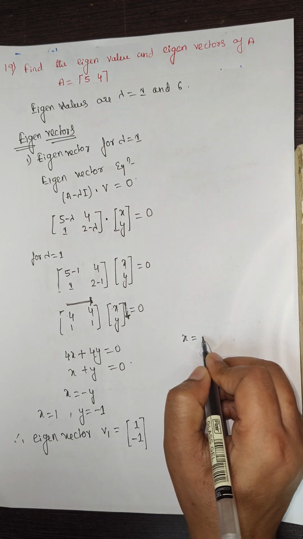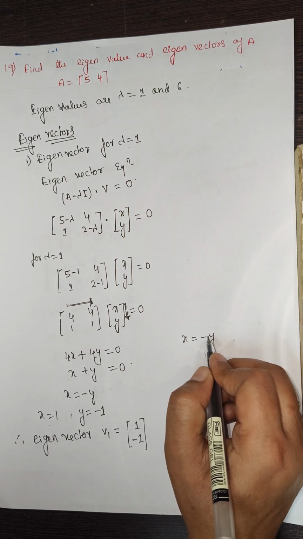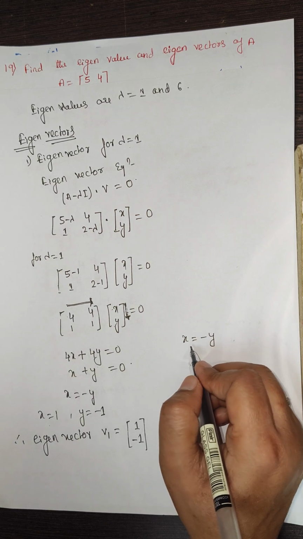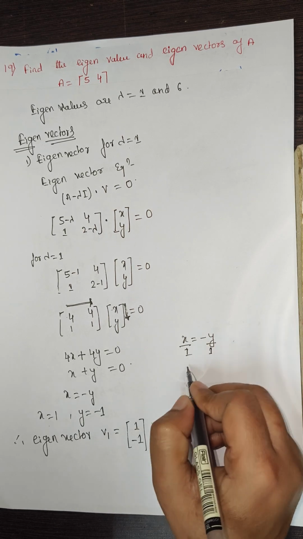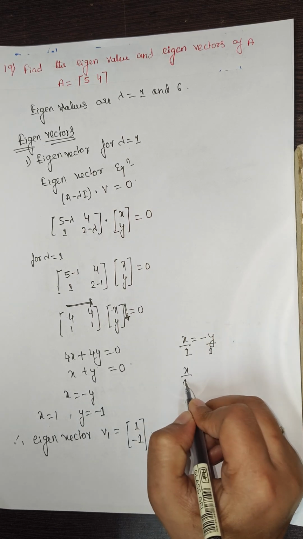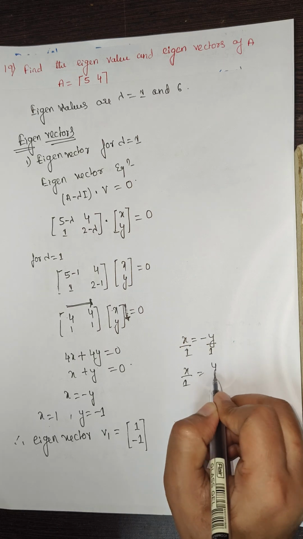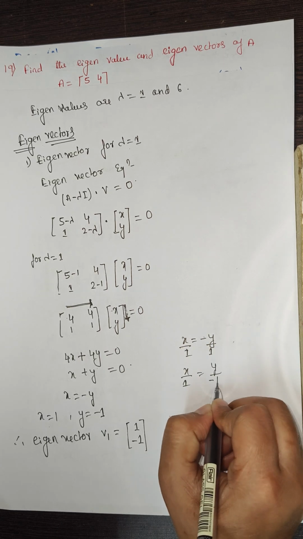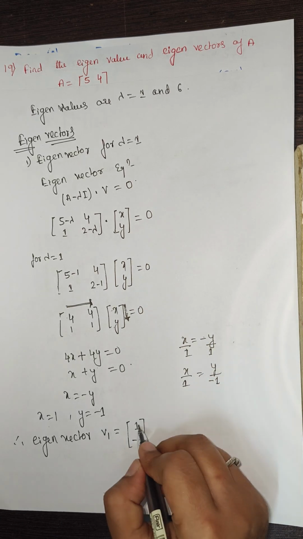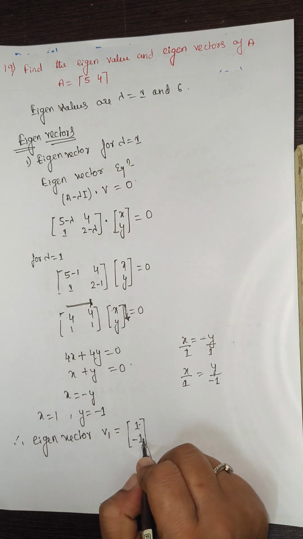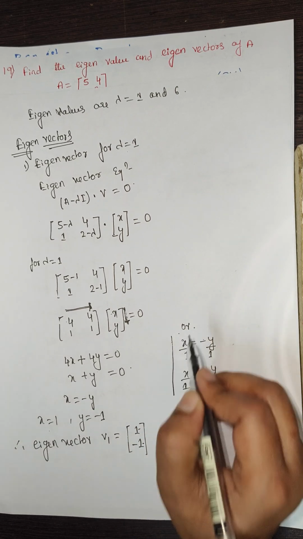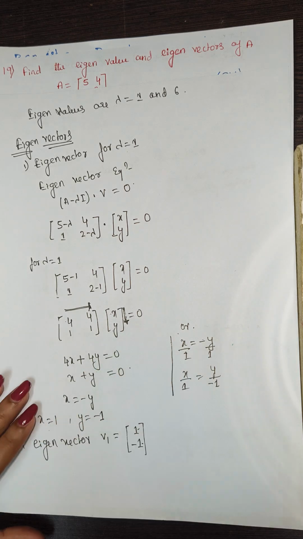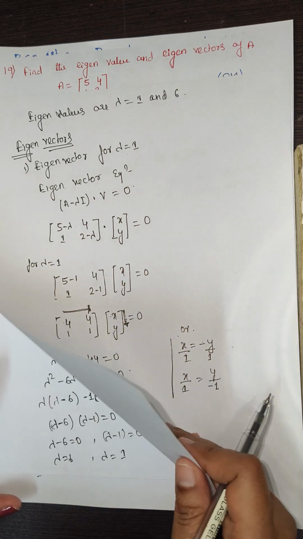So you write x equals minus y, and the denominator of this one is 1. So x divided by 1, and y, sending this minus to the other side, the denominator is minus 1. Anything is okay.